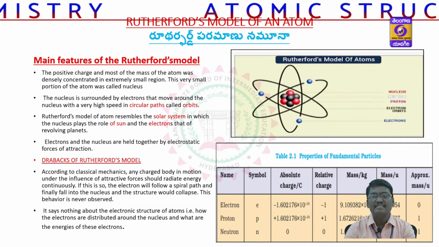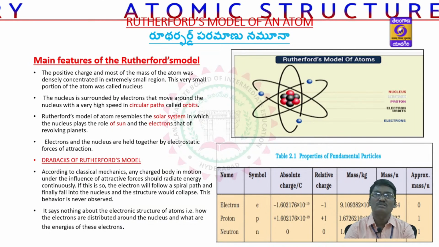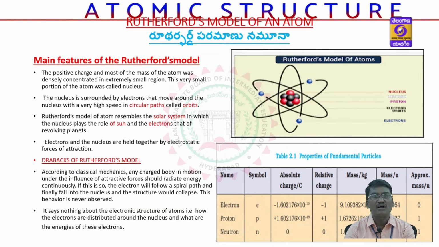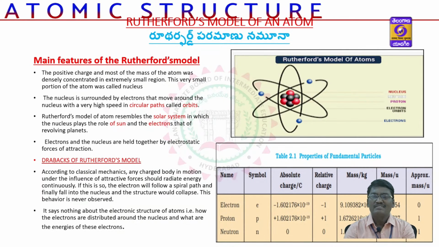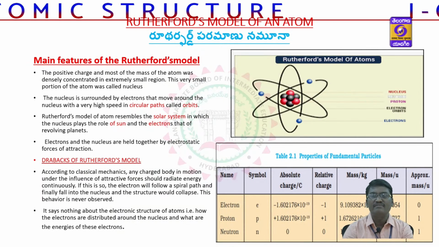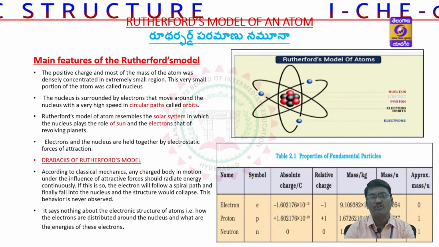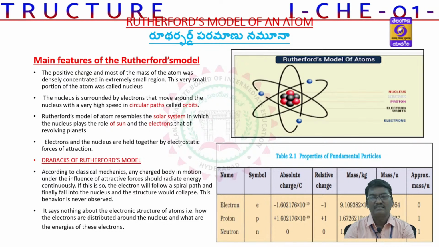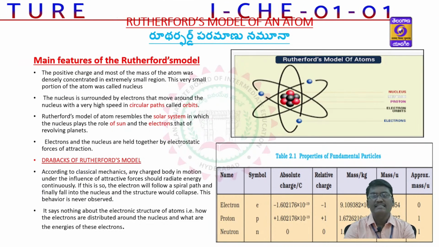Means any charged body should lose energy, but electrons are not losing energy. They are not falling in the nucleus, so this is unable to be explained. The electrons would follow a spiral path and finally fall in the nucleus, so the structure would collapse. Yes, it is not explained.